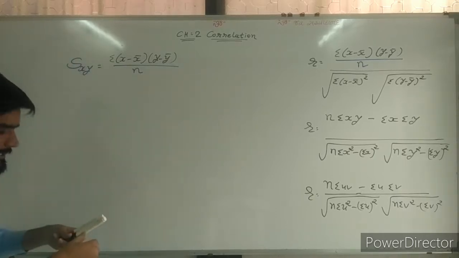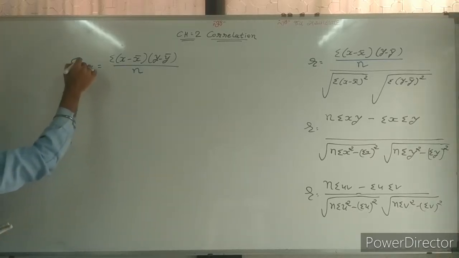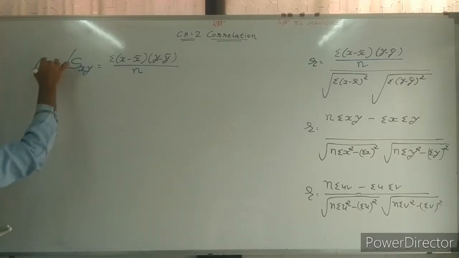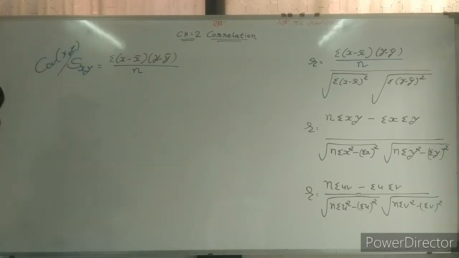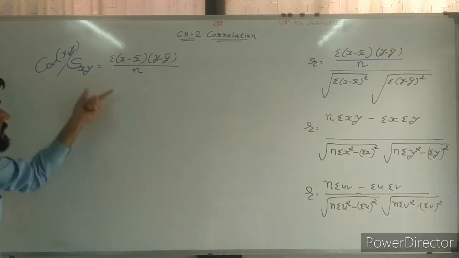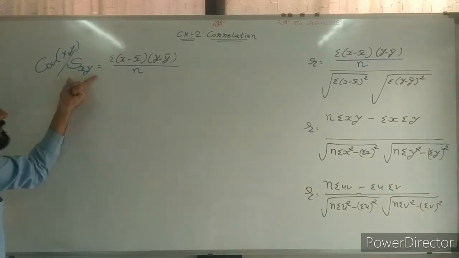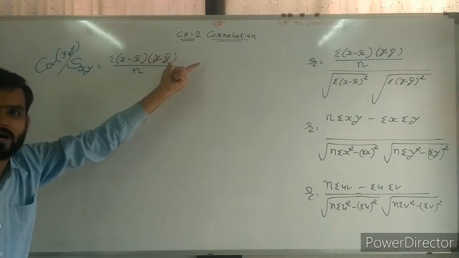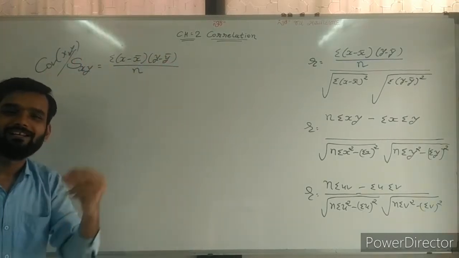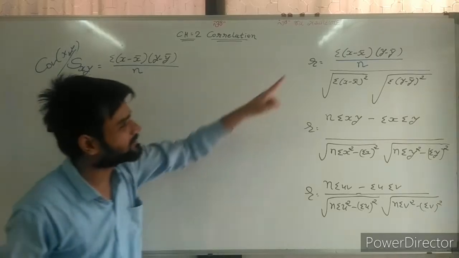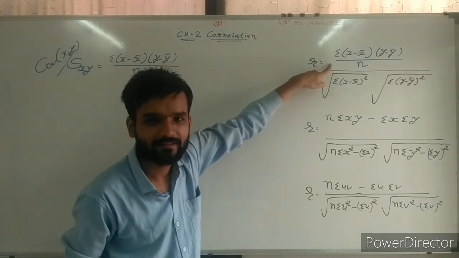This is also known as the covariance of xy. Covariance of xy is equal to sigma (x minus x bar)(y minus y bar) divided by n. It's a simple formula, clear on this basis.